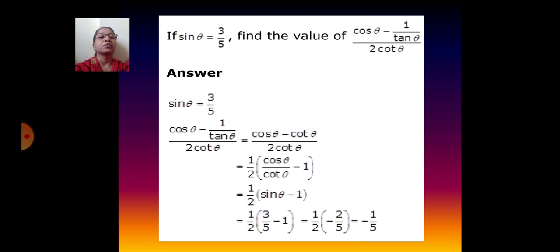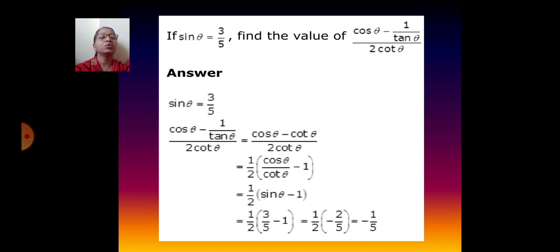So that is equal to cos theta minus, 1 upon tan theta is what? Cot theta, divided by 2 cot theta. Now take 1 upon 2 common outside the bracket. So inside, cos theta upon cot theta minus cot theta upon cot theta. What have we done here? We have distributed the denominator over the numerator, we have separated the denominator.